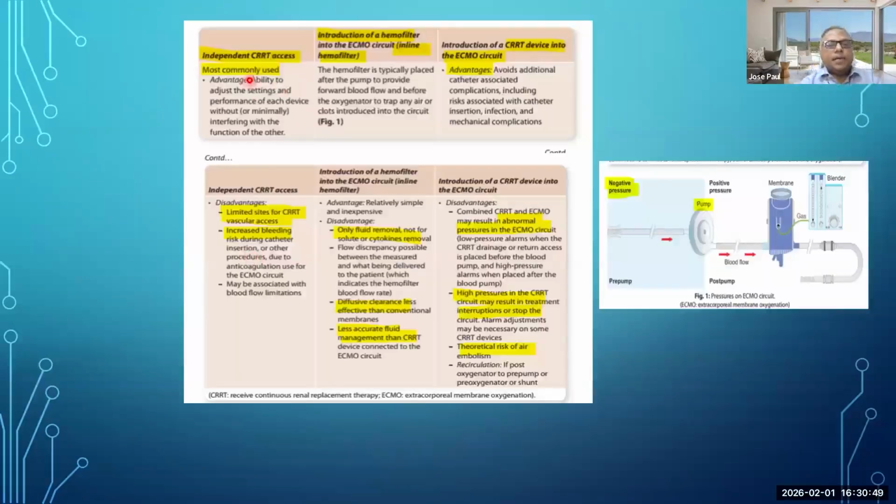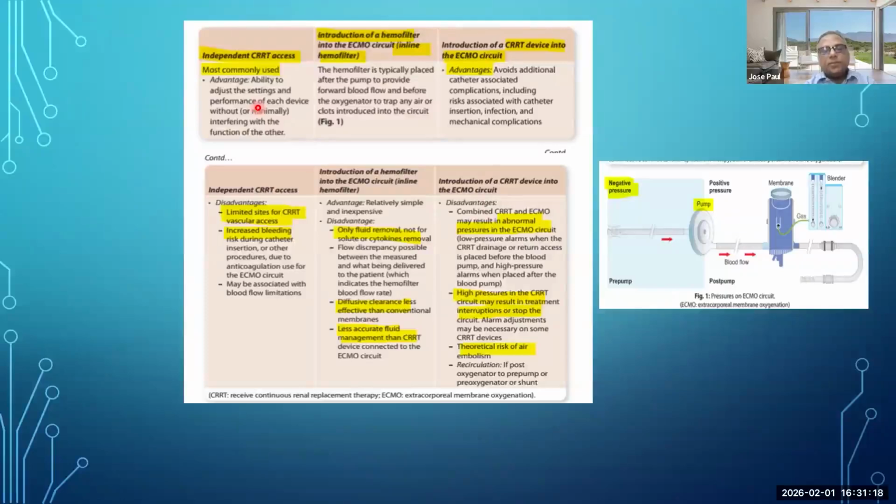Now, independent CRRT access. Even though we say that we can integrate the CRRT circuit into the ECMO circuit, if you look at how people use CRRT along with ECMO, they usually use it as a separate, independent CRRT access. The main advantage is that the two circuits are independent, and you are not dependent upon the perfusionist.